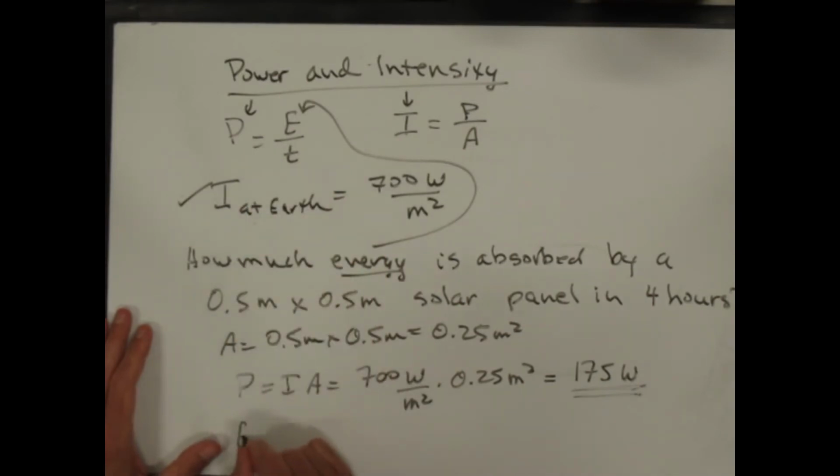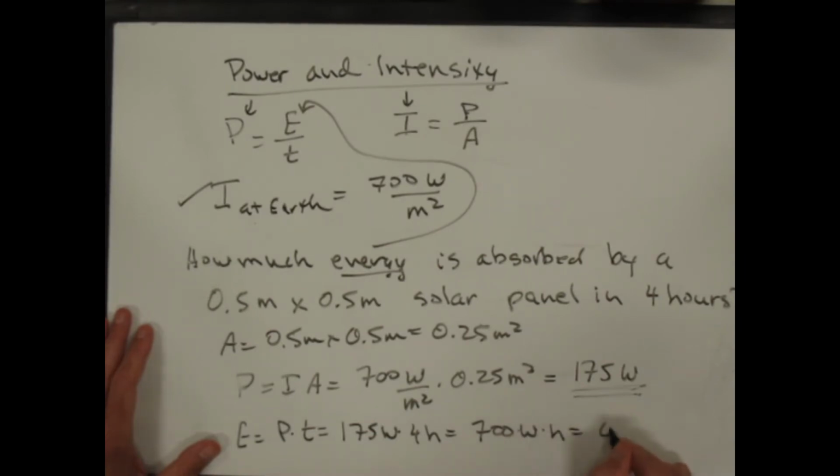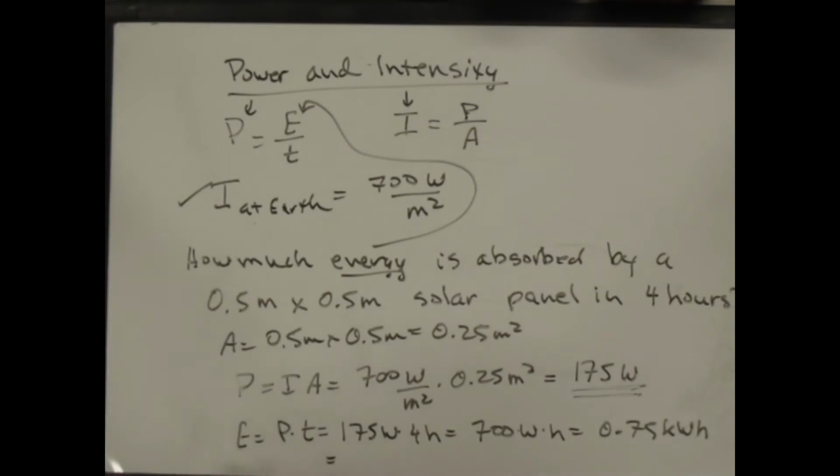And then it says it wants the energy, right? Well, the energy is the power times the time, which is 175 watts times 4 hours, which is 700 watt hours, or 0.7 kilowatt hours. If we wanted to, we could make that in joules, right?